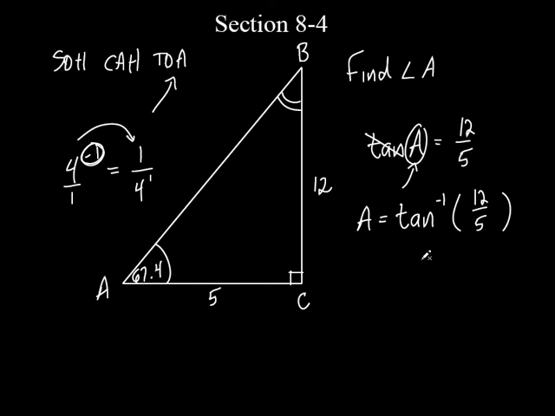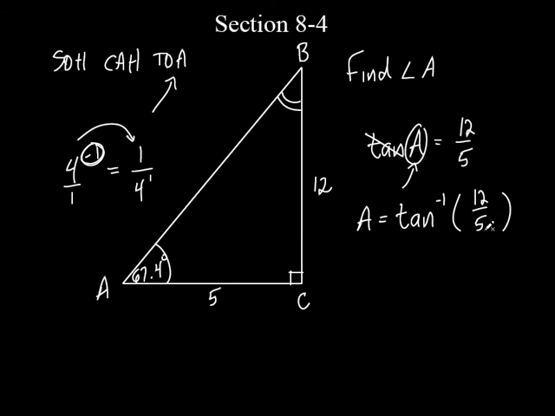Now, on your calculator, I'm going to show you. I said I was going to show you how to do it both ways. All right, so that would be the degree for this angle A. I just found out how many degrees angle A is by using my trig functions. Now watch, if you have a TI 30XA, who's got one of those? Okay, this is what you do. You hit 12 divided by 5 first. Everybody do that.